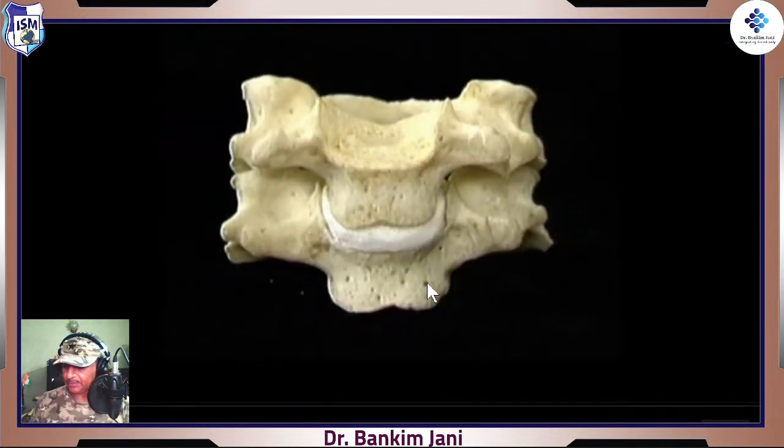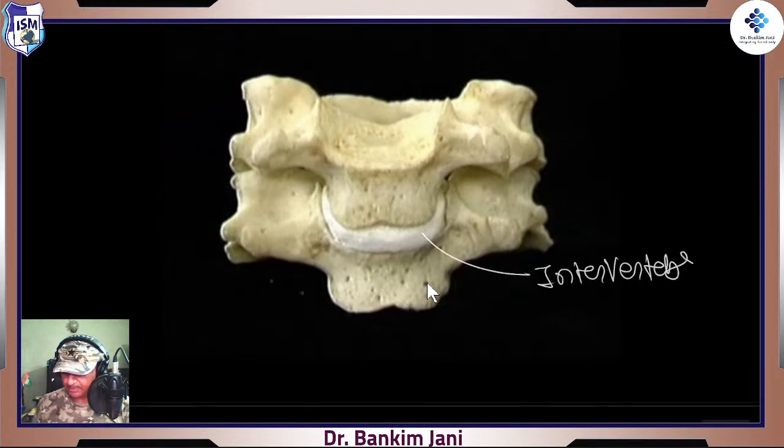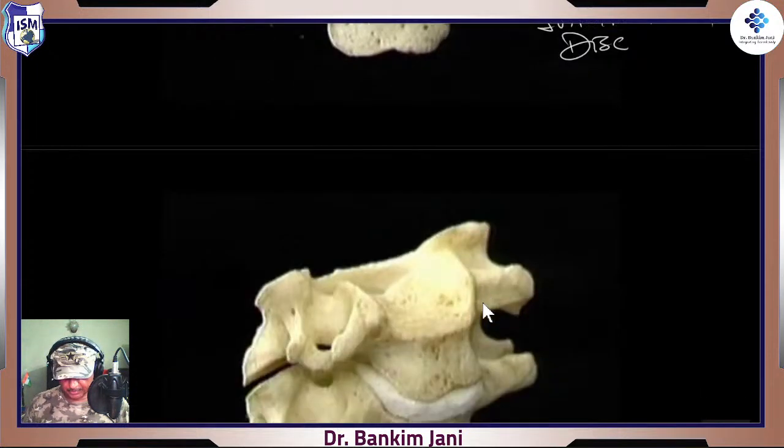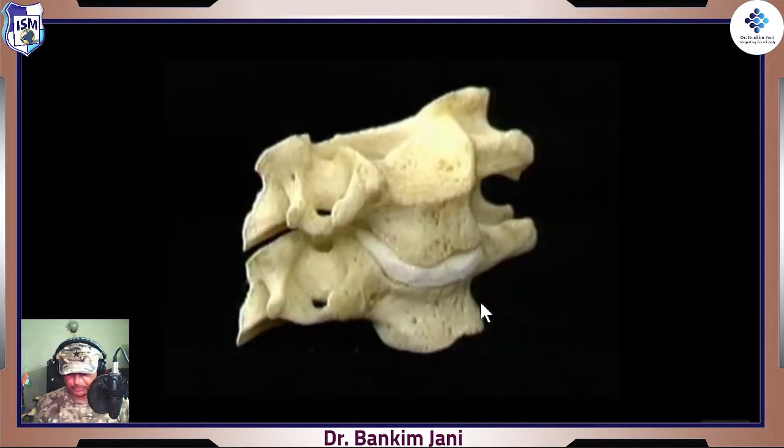So that was the intervertebral disc. All the vertebrae will be talking with each other. In between there will be an intervertebral disc. And that's how we see from the side.